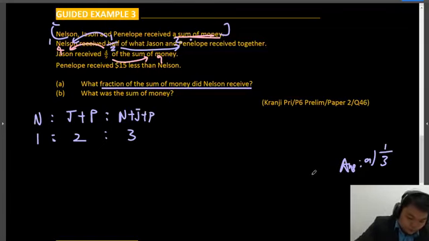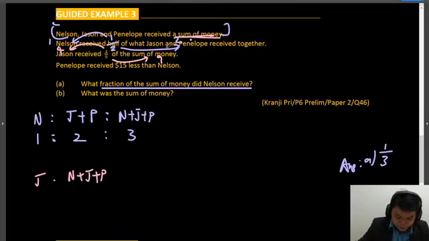Okay? So the next part here is that we are told that Jason received, okay, leave a gap over here. Jason received 4/9 of the total sum of money.